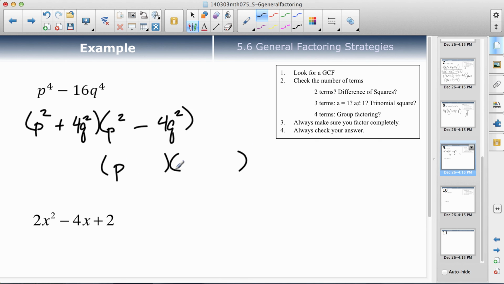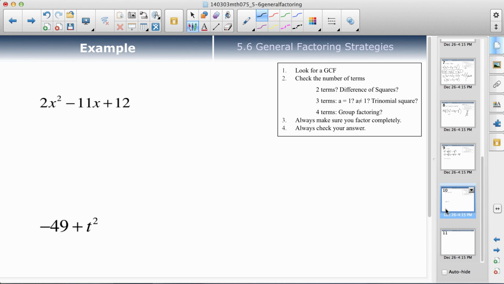So a p and a p and a 2q and a 2q. One's plus, one's minus, and I still have that factor out front. Okay, same kind of game with that one. Let's see if there's anything different here. Maybe just this one here you would reorder, t^2 minus 49. Then you could do a difference of squares.